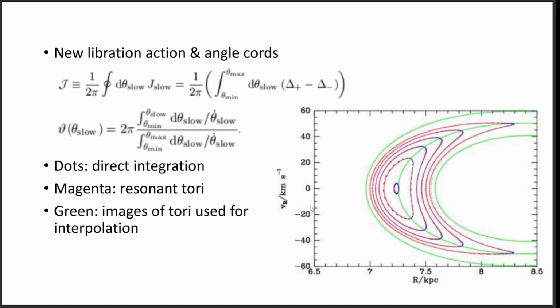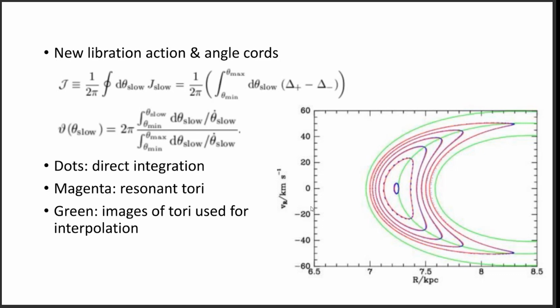That is the integral of d theta slow times J slow, around and about, which turns out to be simply the integral of d theta slow of the difference in the two roots in the quadratic equation over the range in theta in which the quadratic equation has two roots.